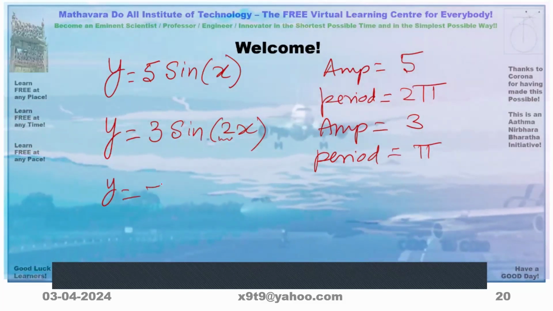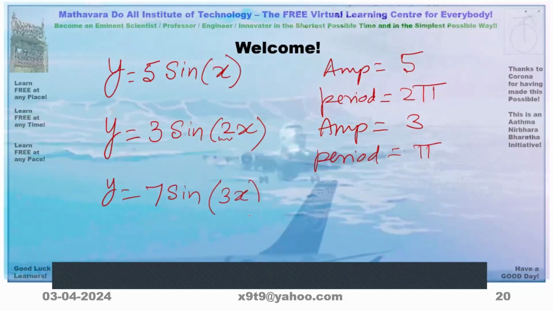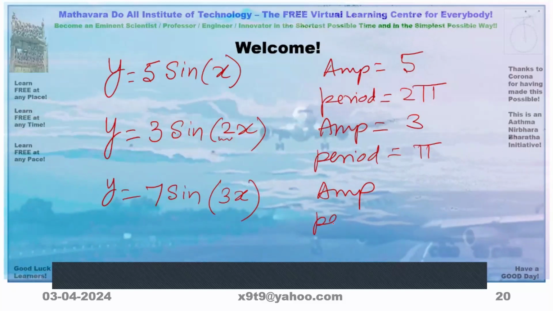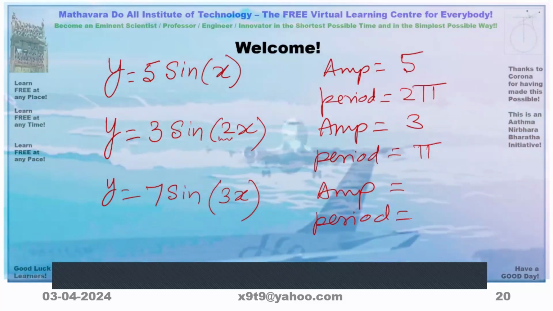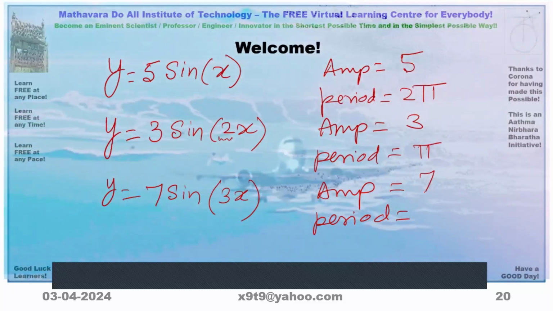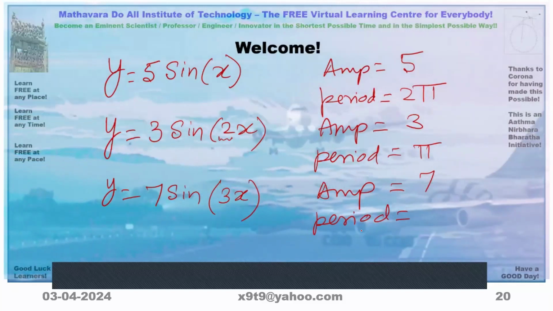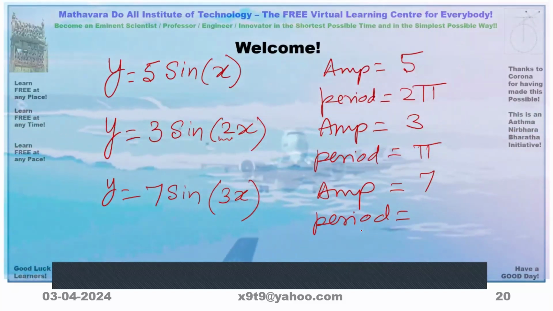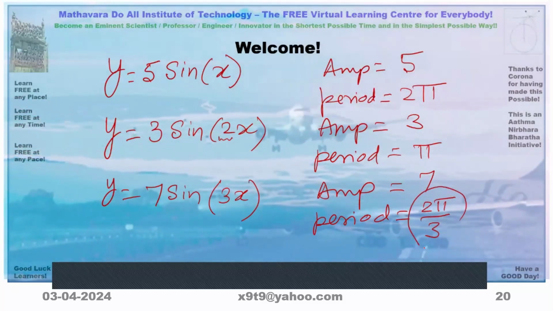Suppose y is equal to 7 sine 3x. What is amplitude? What is period? 7 is the amplitude and pi is the period. Pi by 3. Whatever comes, that is the period.